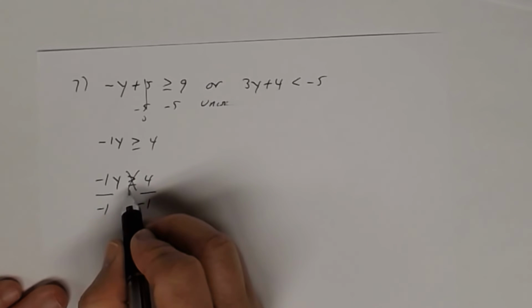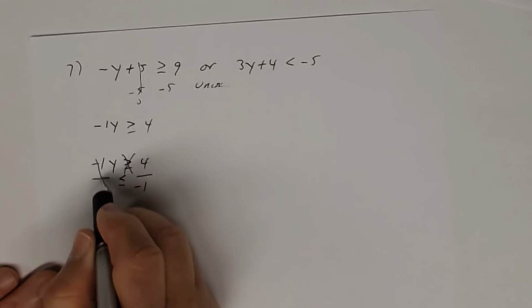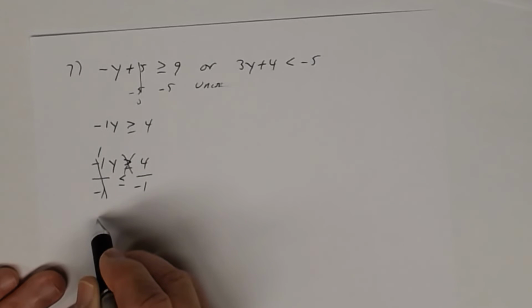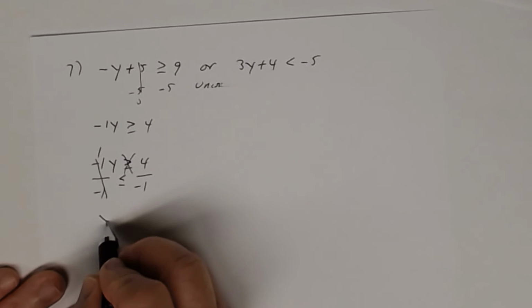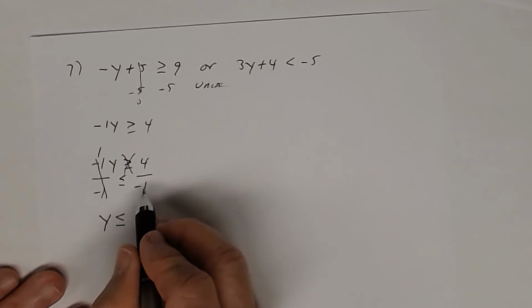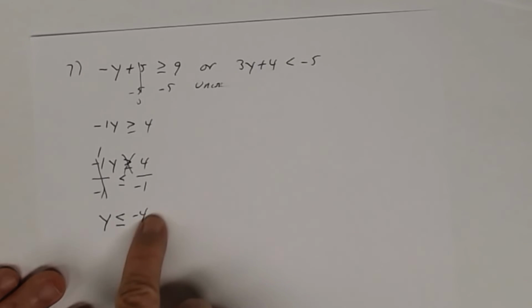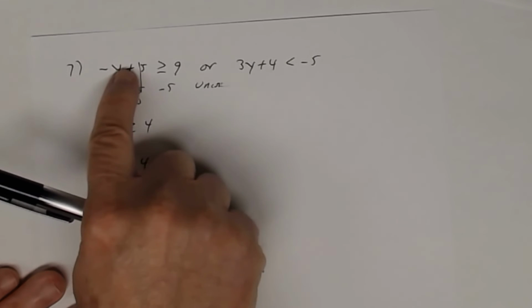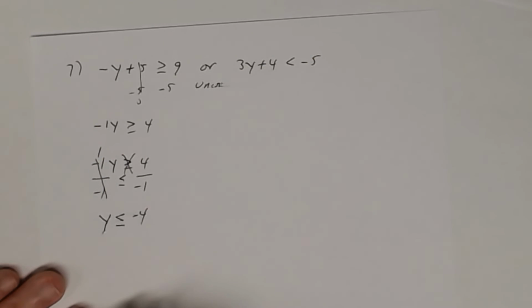So this greater than or equal to becomes less than or equal to. Negative 1 divided by negative 1 is 1, and 1 times y is y. So the solutions would be any real number less than or equal to 4 divided by negative 1, which is negative 4. So any real number less than or equal to negative 4 is a solution to this, and hence a solution to the whole thing.